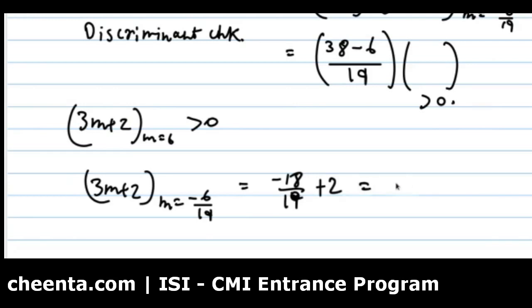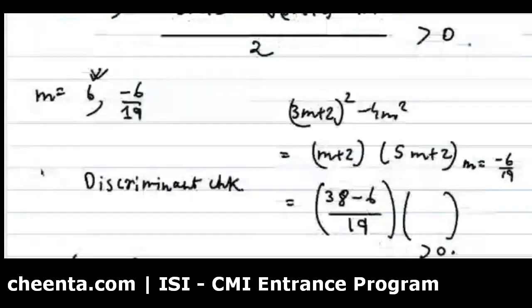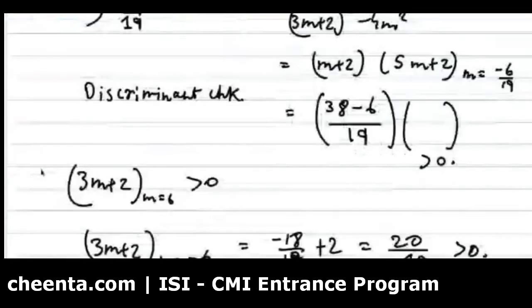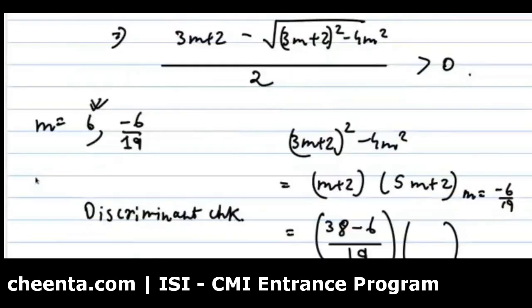So this becomes 20 by 19, right? This is again greater than 0. So basically, we can see that for both of these values, we get that all four roots are real, right? So both of them satisfy.